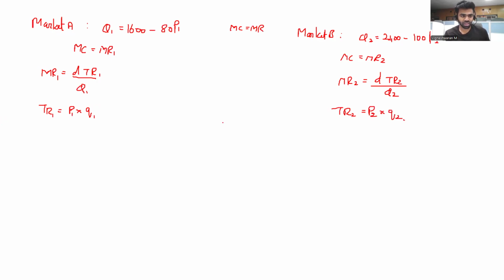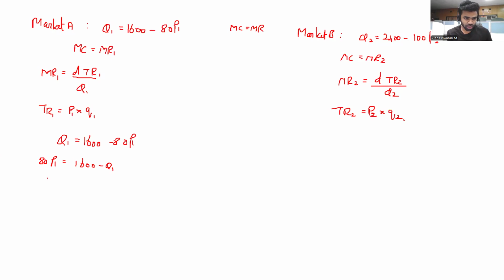Now we have the equation Q1 is equal to 1600 minus 80 P1. I am going to write the equation in terms of P, so it will come to the left hand side: 80 P1 is equal to 1600 minus Q1. Don't ask me why I am doing this; if you follow this, it will be easy. If you keep the equation in terms of Q, it will be difficult to solve, that's why I am interchanging it.